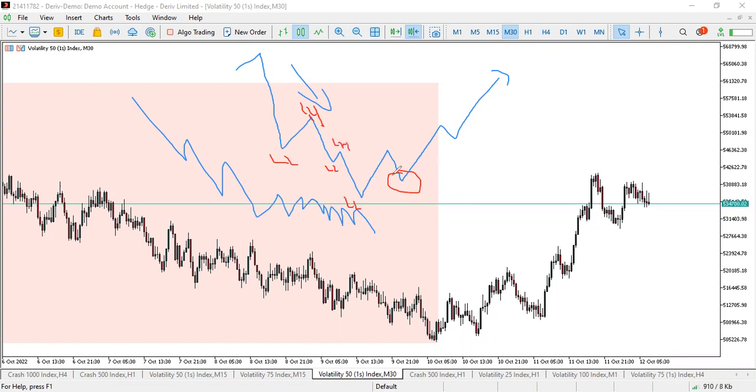So if the market was really going down here, it would have come and cleared and created this level as a lower low, and then created this level as a lower high. So the moment we see a swing point, the moment we see a level like this, which is above this level, that's where we are expecting a change of structure. Understood?